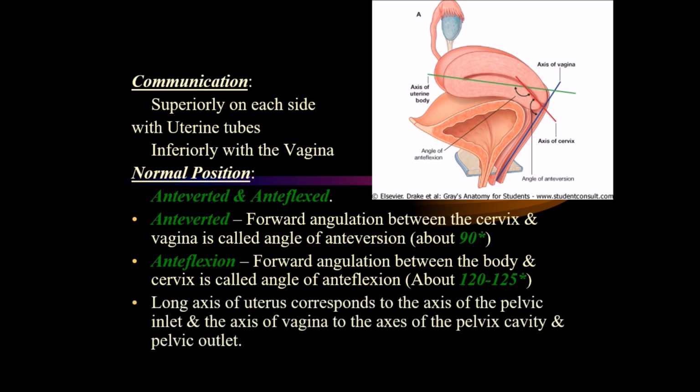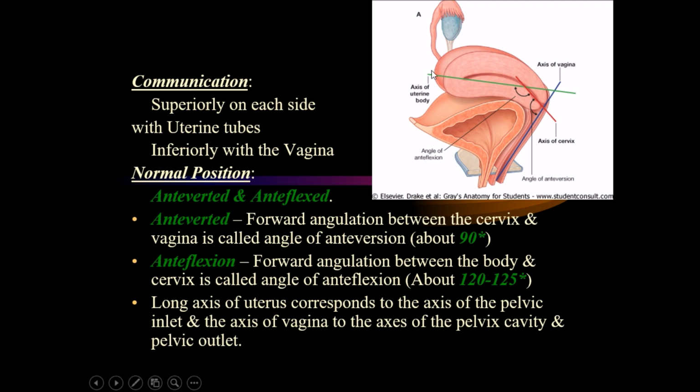If you see the long axis of the uterus, the long axis of the cervix, and the long axis of the vagina, each is in a different direction, directed downwards and forwards.